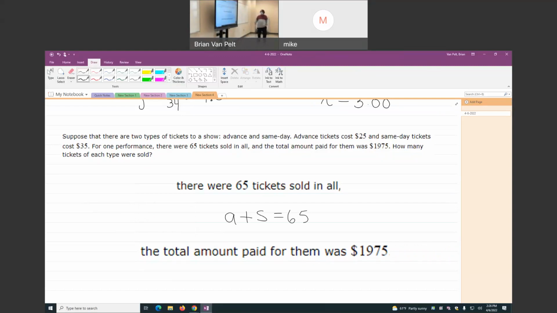Did you get an equation for it? How much do the advanced tickets cost? So each advanced ticket is $25, so 25 for each advance plus 35 for each same day, right? And the total amount of money they got was 1,975 from that.